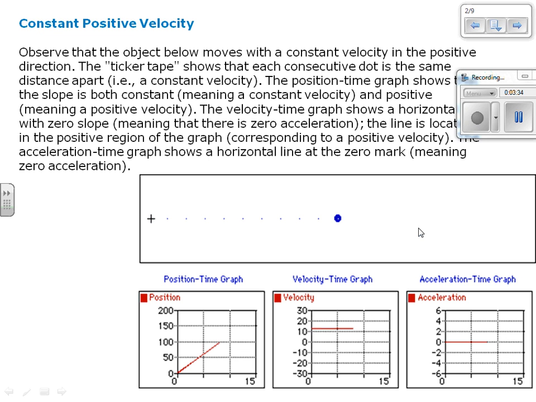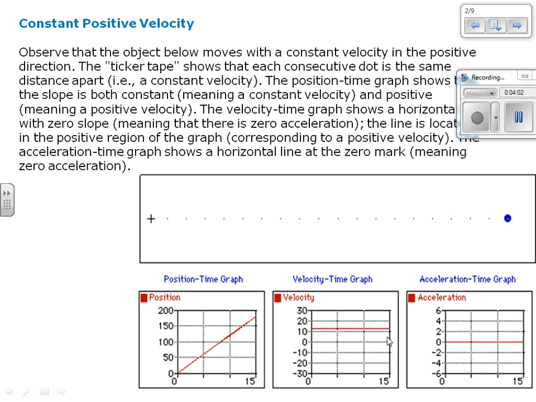You'll notice that the position time graph is a straight line. See how it's a straight line? Why is the position time graph a straight line? It's moving at a constant speed. The velocity time graph is flat. Why is it flat?